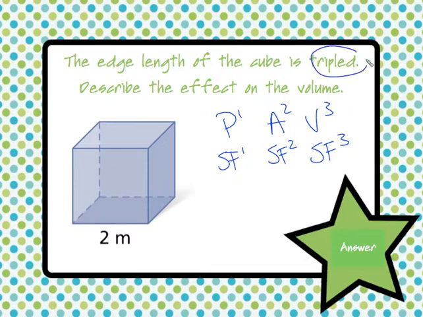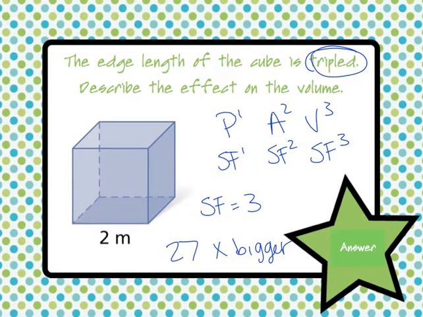So if everything is tripled, that makes our scale factor 3. So the difference in the volume would be 3 cubed. When you cube 3, you get 27. So the volume would be 27 times bigger. Or it might say that it's a ratio of 27 to 1. No, it says 27 times bigger. That's fine.